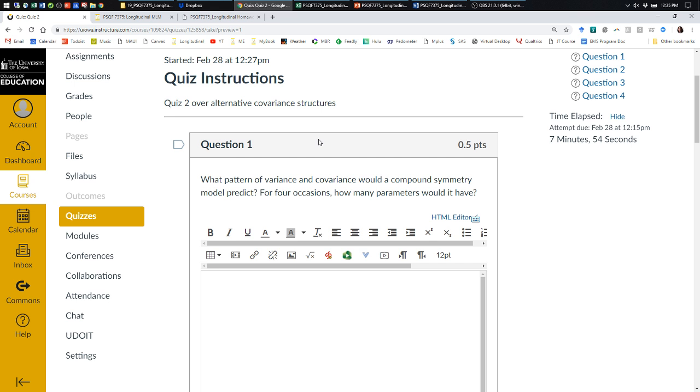So synonyms for this model then, compound symmetry is otherwise known as what? Skinny jeans. Yes, that's the last question. Correct. Skinny jeans. To someone who's not me, what else would we call this? What is this pattern called if you were to estimate it using least squares instead of residual maximum likelihood?